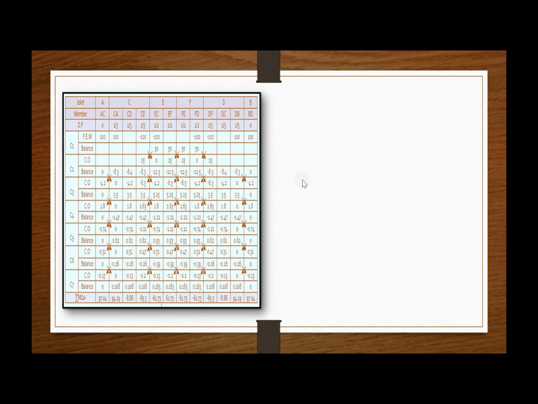And para makuha naman natin ang carry over moment, which is 25: 50, which is our balance, times distribution factor, which is 1/2, kaya naging 25. So, here sa balance na naman, which is negative 8.